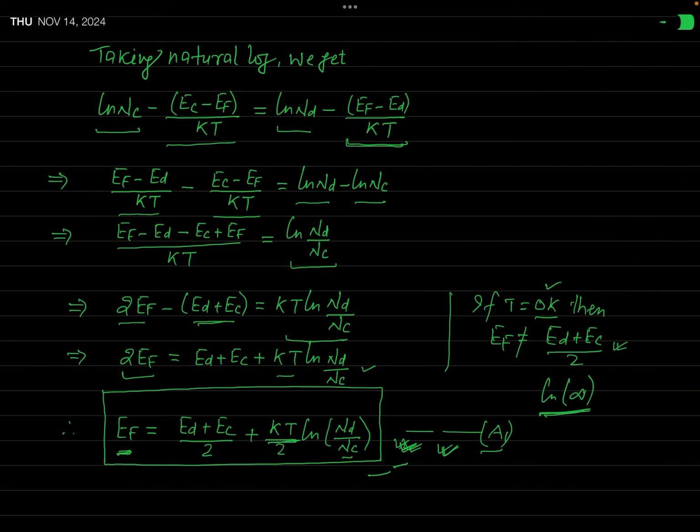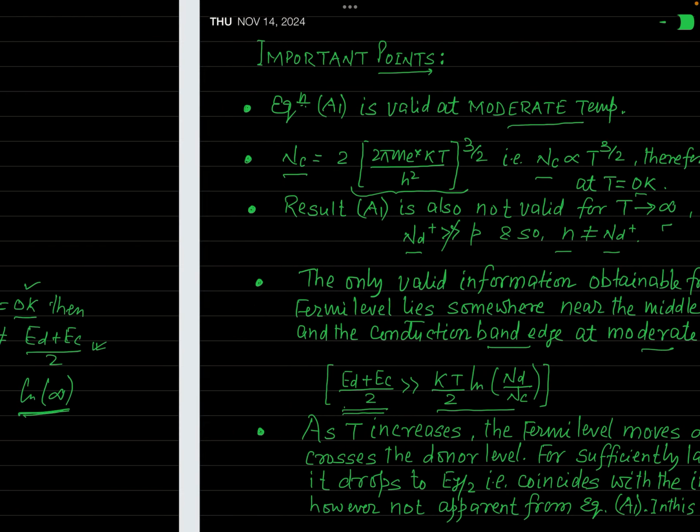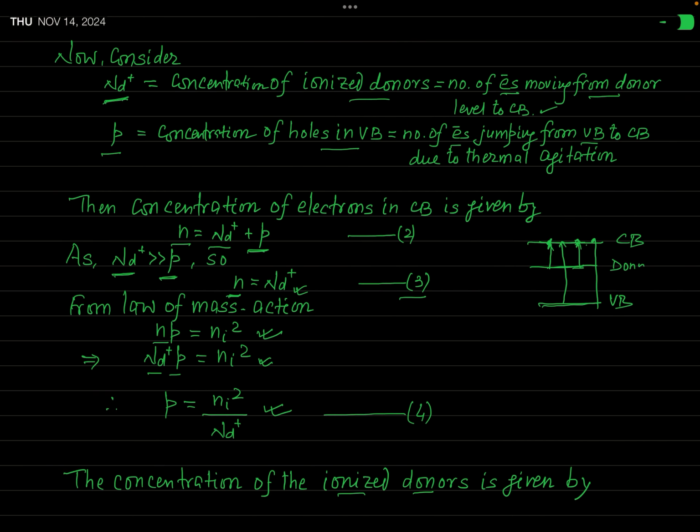Actually, as the temperature increases, you can see this second term will increase, and so the value of EF will change. In this condition, on increasing the temperature, the Fermi level moves downwards and crosses the donor level. Okay, you can see this figure.